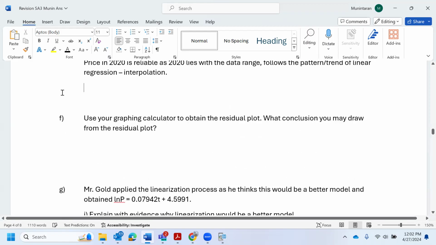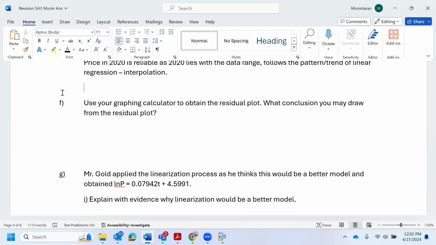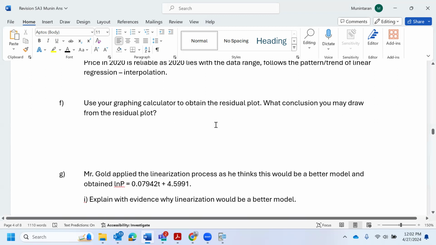Next, again, you just use your graphing calculator, obtain the scatter plot. What conclusion may you draw on the residual plot?